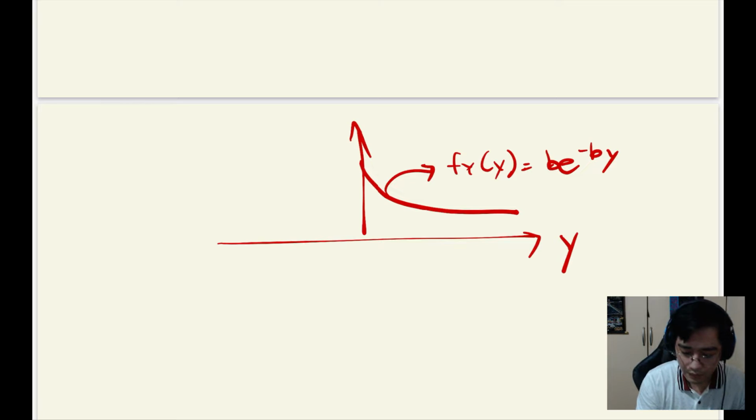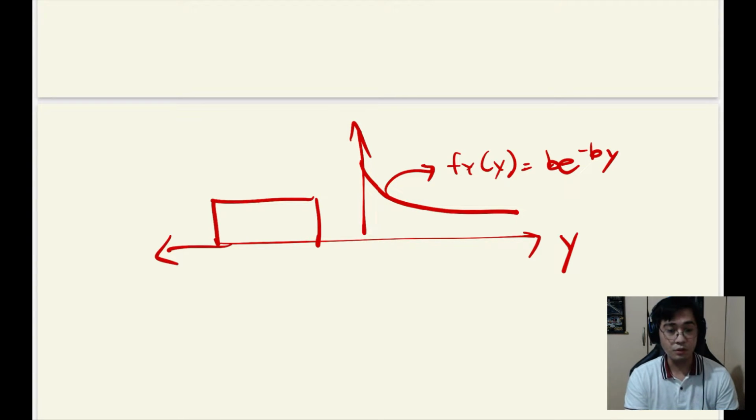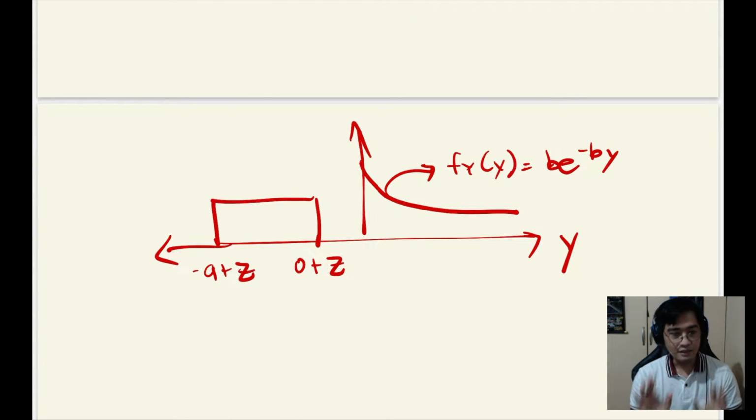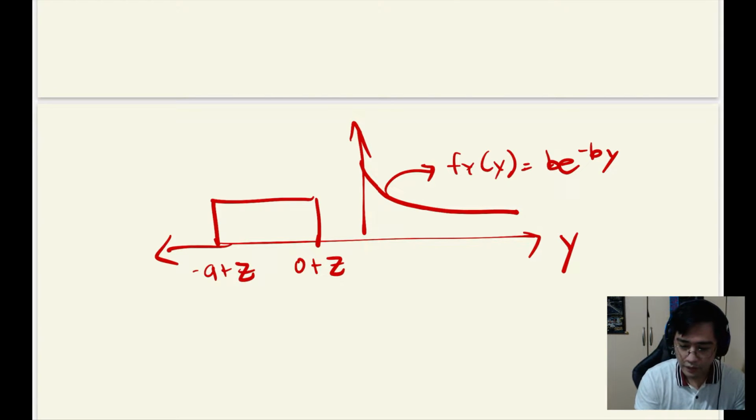And then we have also the probability distribution of x, where this one is 0 plus z and negative a plus z. Since z is less than 0, we are moving along from negative infinity, shifting it until the point where this edge coincides with the edge here.